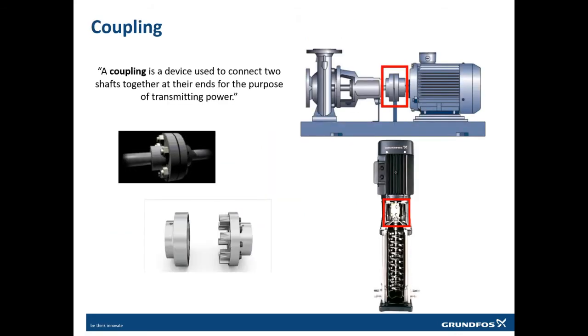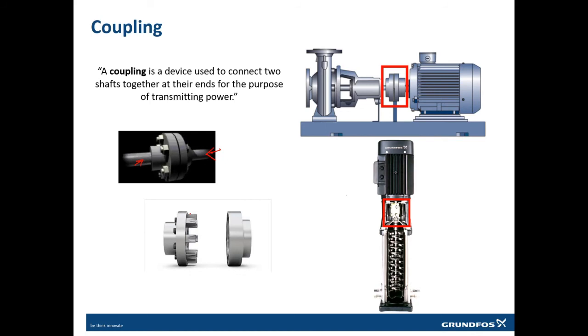Coupling, as shown here, is used to couple, to join two different moving things together. The most common couplings are pin and bush couplings, and many other kinds of couplings are used.